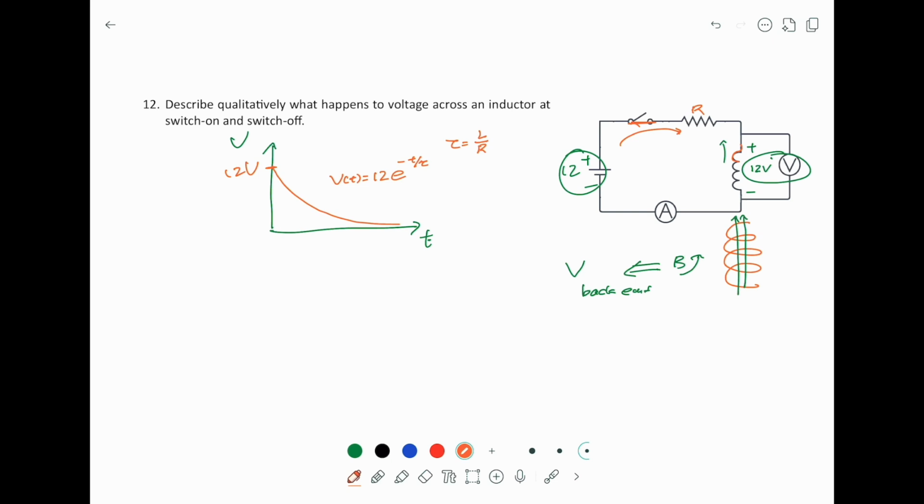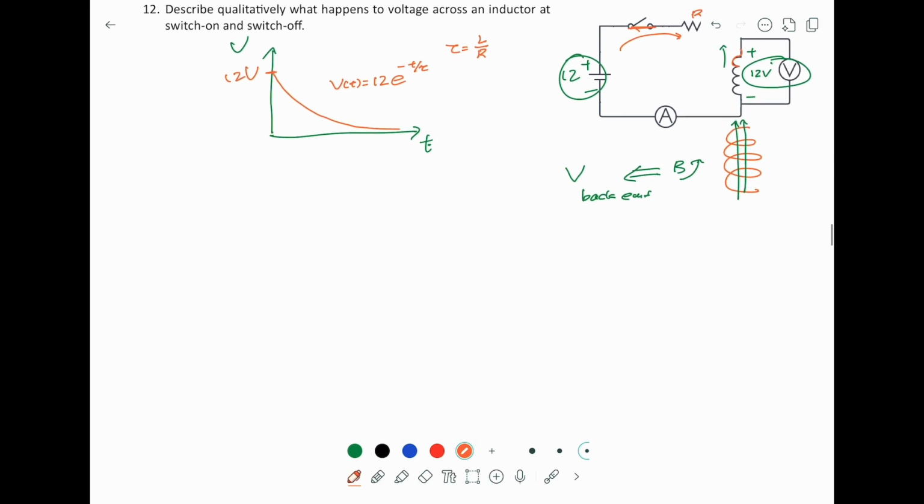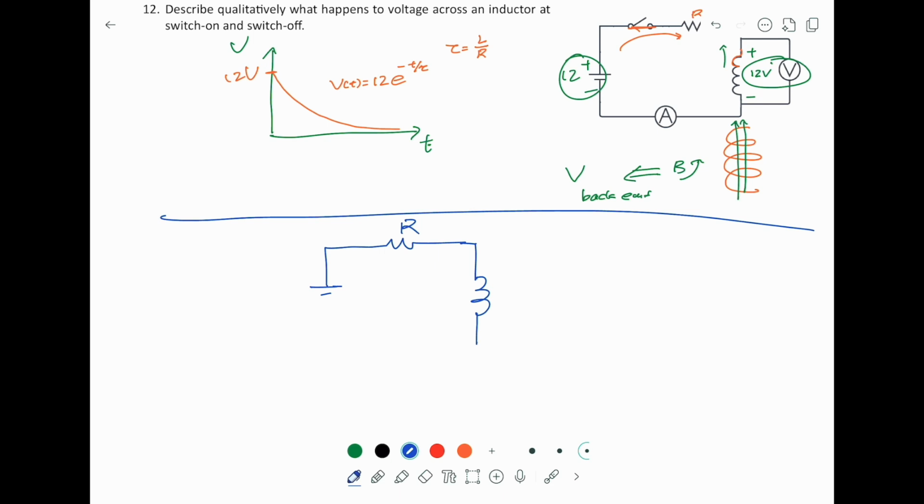Okay, now assume you have a circuit. This one is R, and you have current flowing here.